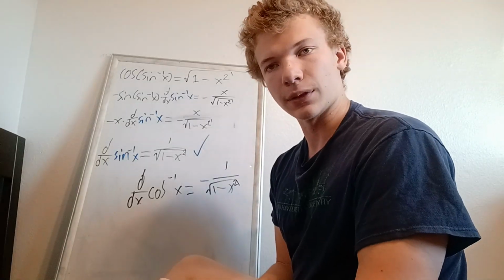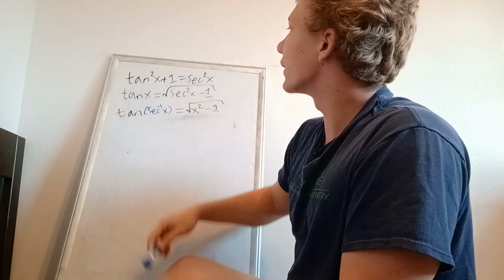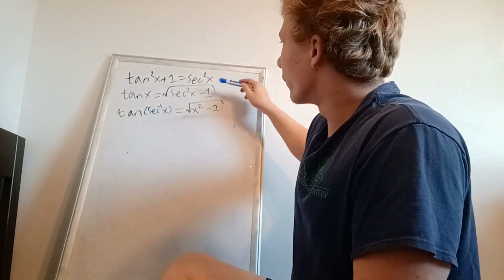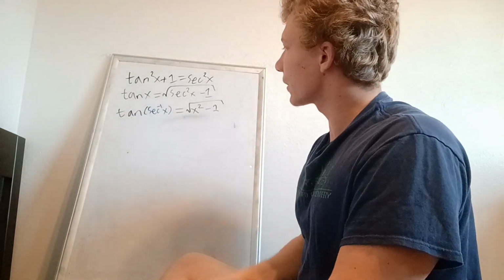Now let's get to tangent. We can use a similar method by taking this identity. Tangent squared plus 1 is equal to secant squared. Rearranging and then putting in arcsecant x as the input, we find this expression. Now let's take the derivative.